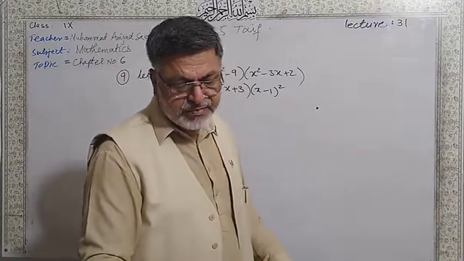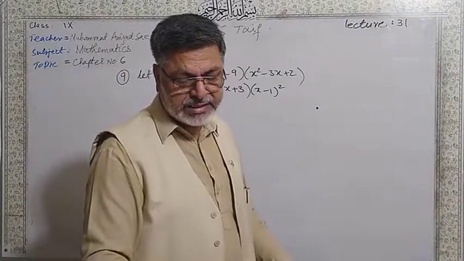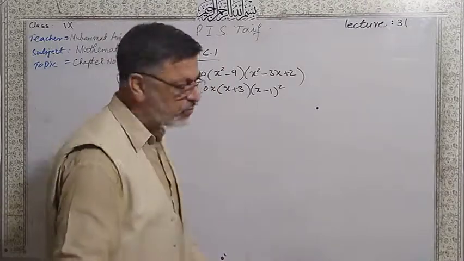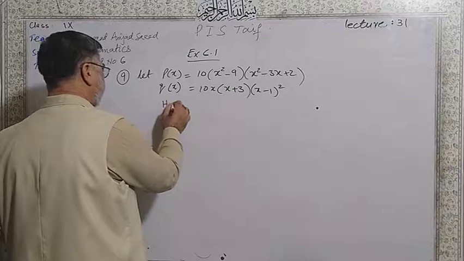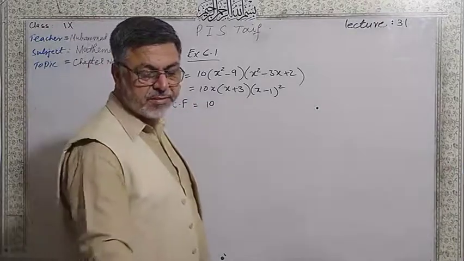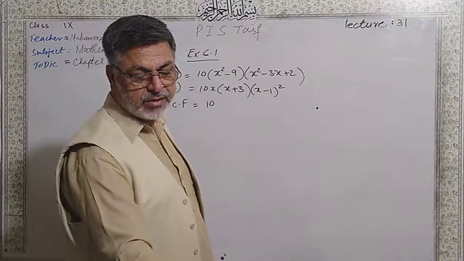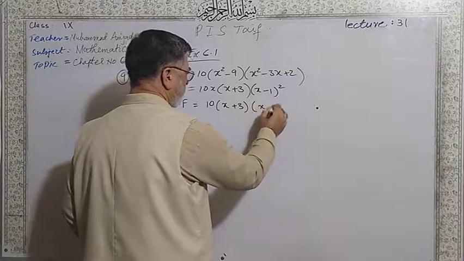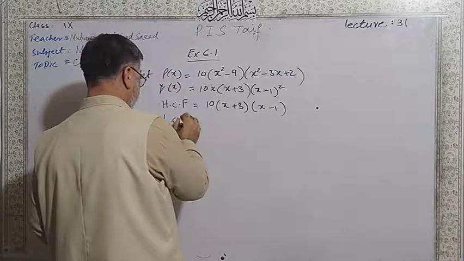If the HCF of P of x and Q of x is 10 into x plus 3 into x minus 1, then find the LCM.